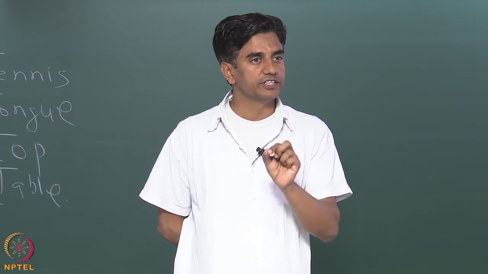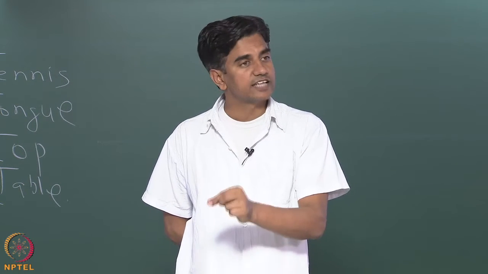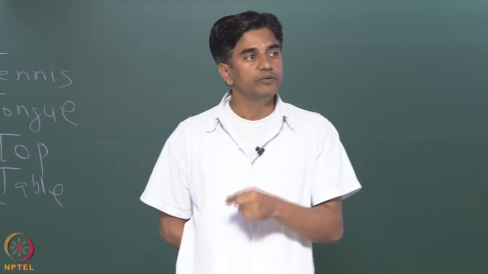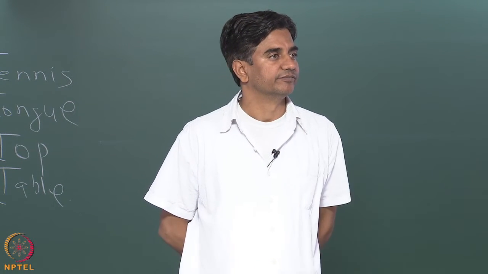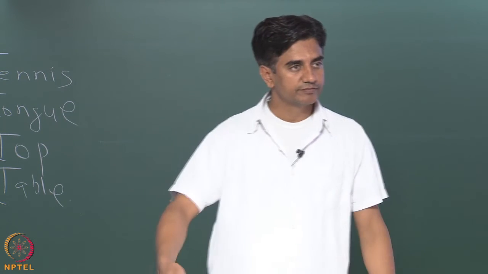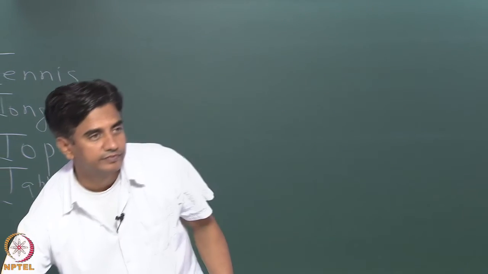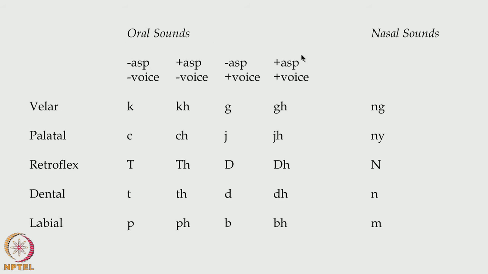The distinctive feature each of these sounds gets only when we look at plus aspiration, minus voicing. You see these top things? So 0-1, the application of 0-1 in binary coding of artificial language is coming from here.